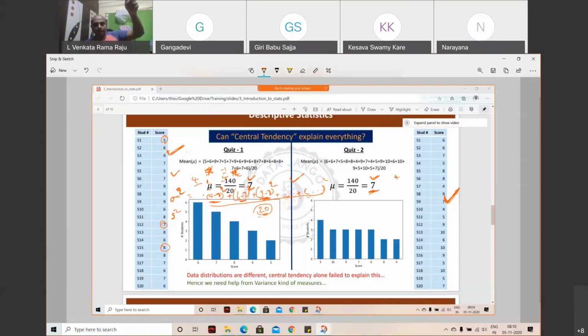Say there is 4 and 10, but you have taken the total state students data, and minimum and maximum are 3 and 10, but most of the people have got 7 and 8 and 6. All the data is close to 7, so you will get very little variance, even though the min and max are far apart.